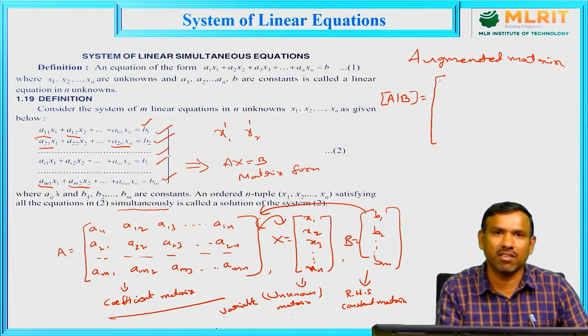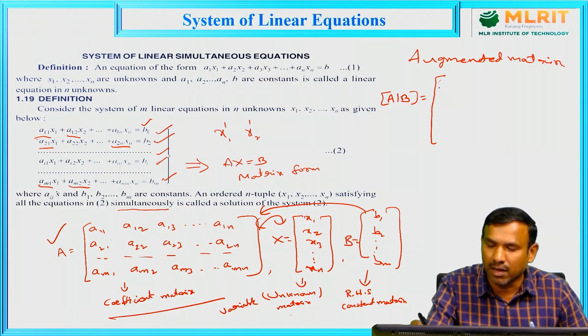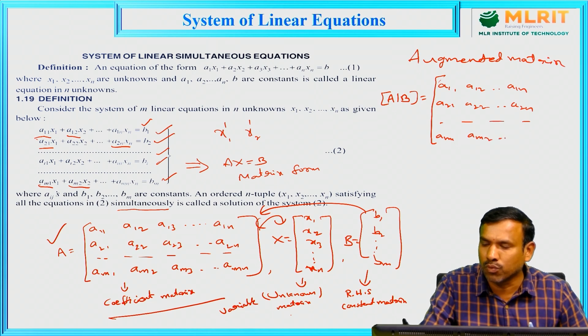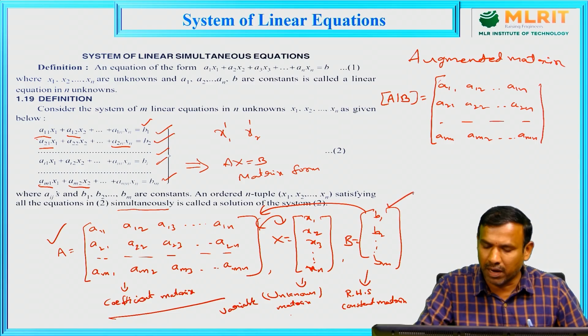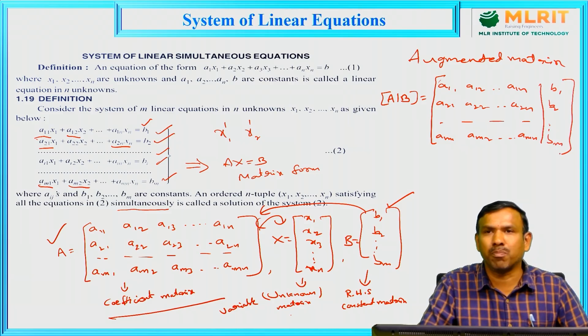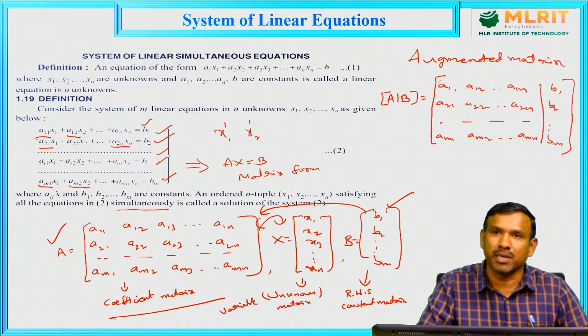So here is the complete A matrix: a11, a12, and so on up to a1n; next a21, a22, and so on up to a2n; and so on up to am1, am2, and so on up to amn. We attach the column B matrix, b1, b2, and so on up to bm. The A matrix and B matrix together we call the augmented matrix.